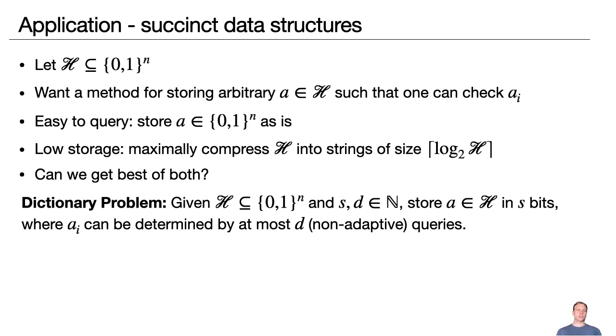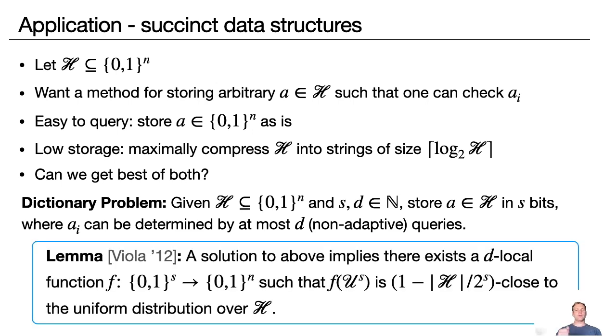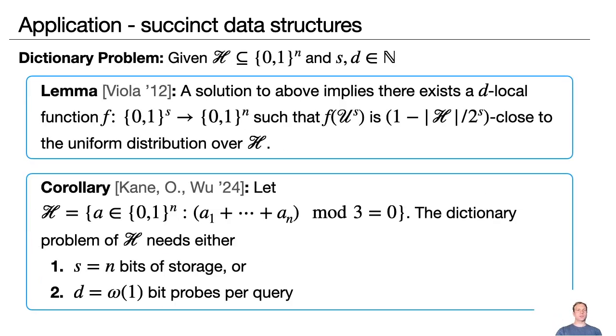And there's a really nice connection noted by Viola, saying that if we have a solution to this dictionary problem, then there exists a D-local function f from S bits to M bits, such that the output of this function is close to the uniform distribution over H. And so this is an upper bound on the distance. We've previously proven some lower bounds, and so when you combine these, you get consequences for such data structures.